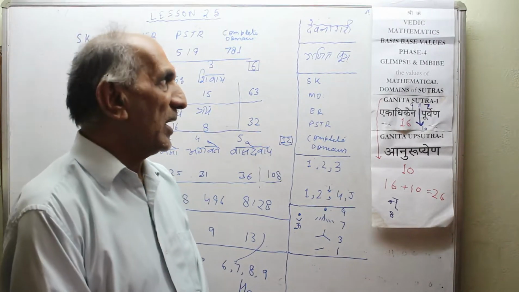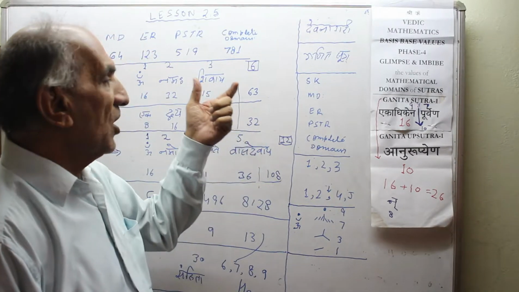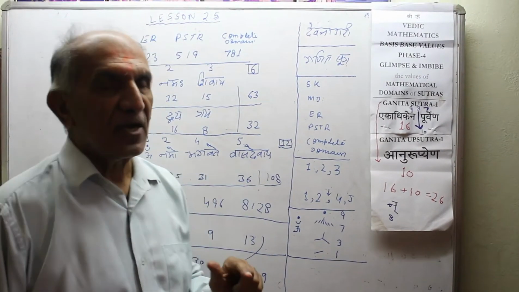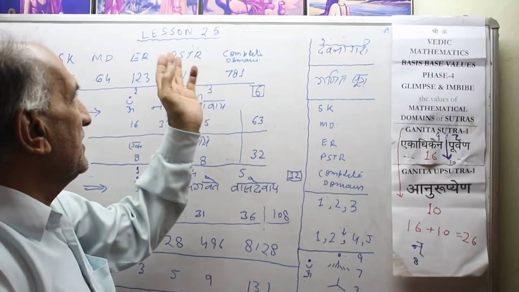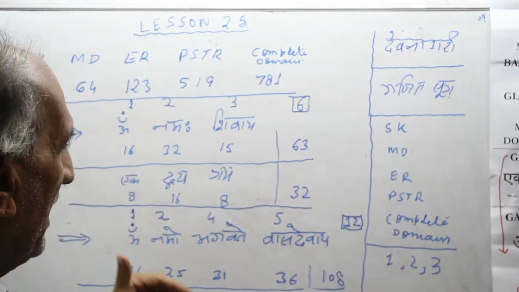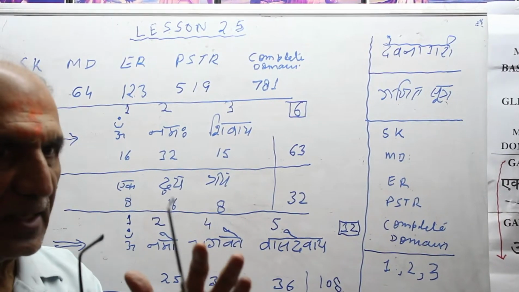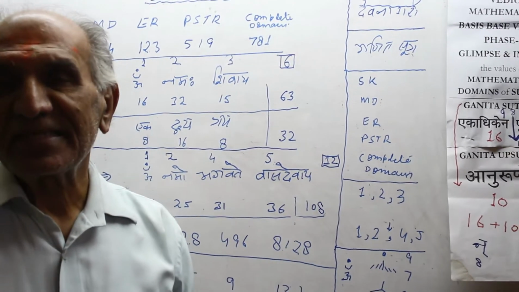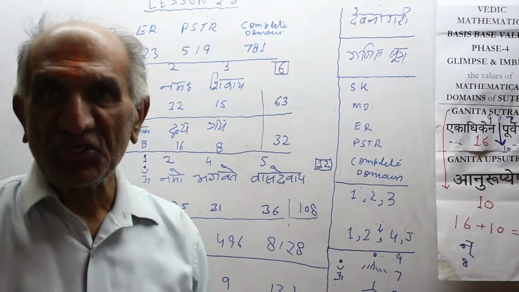Today we are at the stage of concluding phase 4 of the present series of lessons. In this lesson 25, we will be taking up the conclusive remarks. We will be summing up as to where we have reached.